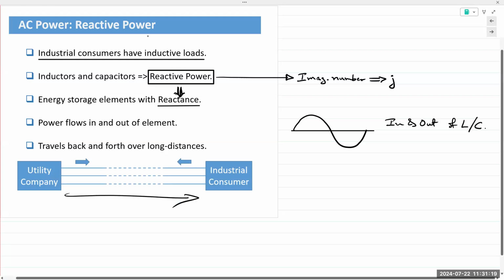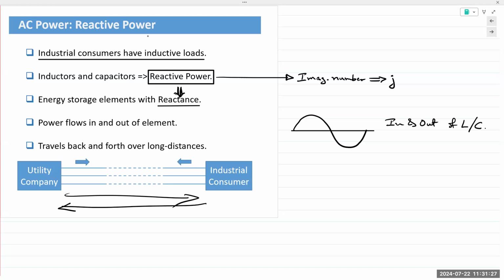Negative half cycle, it flows all the way back out, back to the utility company. This is being transmitted over long distances needlessly because it is not doing any real work. It is simply associated with the reactance. It is not doing any useful mechanical work. So it is needless transmission.